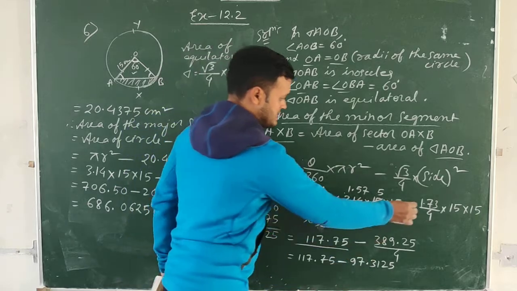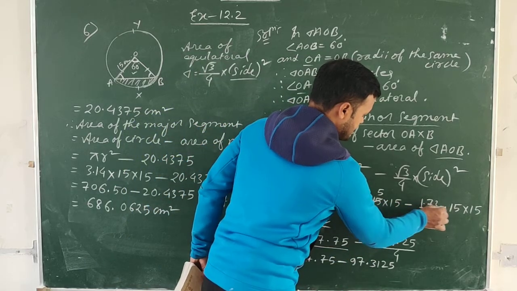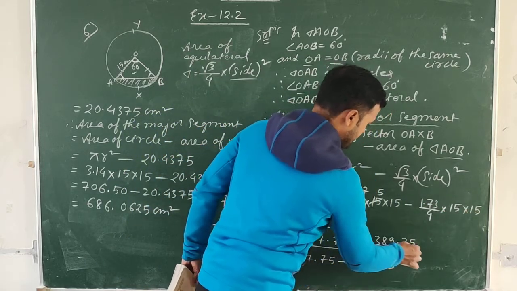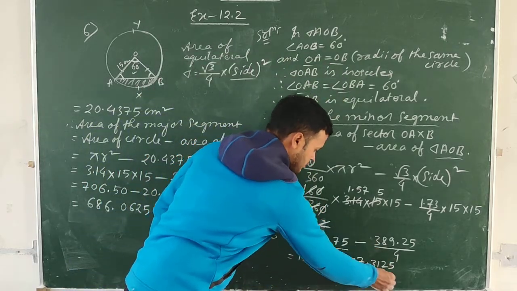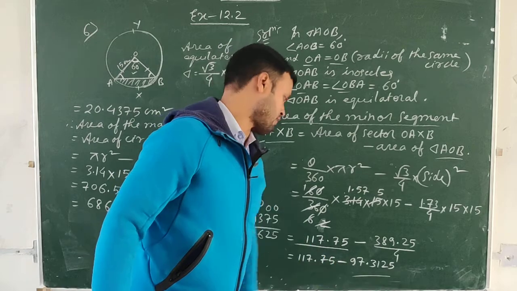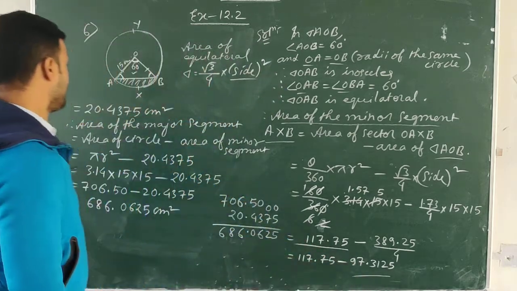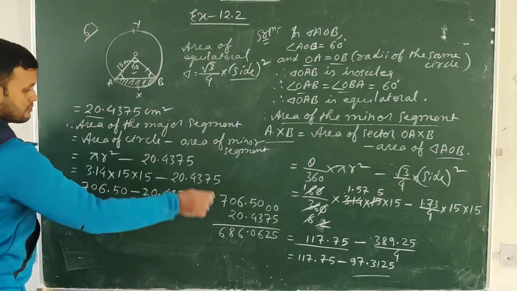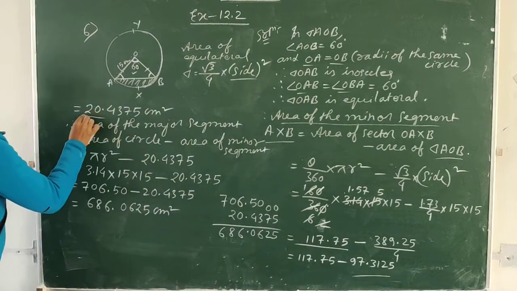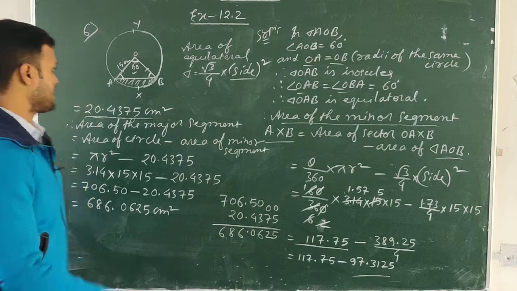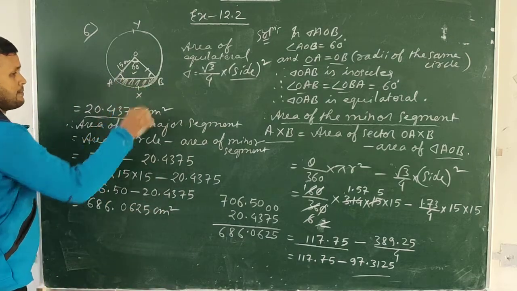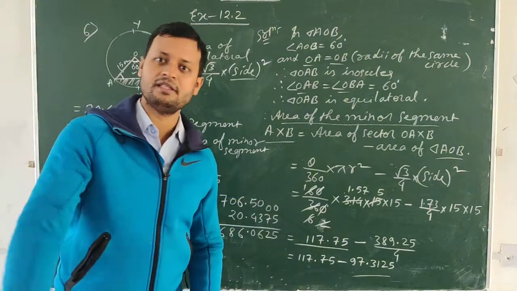Next, I multiplied 1.73 into 15 into 15 and got 389.25, and divided by 4, I got 97.3125. I subtracted these two and got 20.4375. So this is the area of the minor segment, found in another way.